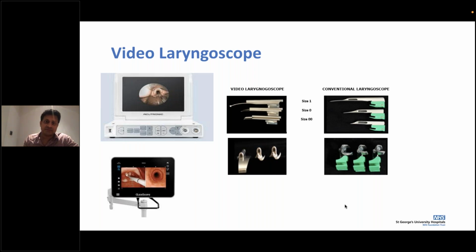The handle of a video laryngoscope is heavier, and yet again, all laryngoscopes are left-hand instruments, even for a left-hand person, and hence getting a good view. Sometimes you may need the additional help of a colleague who may help you with cricoid pressure, so that the vocal cord is easier to visualize.